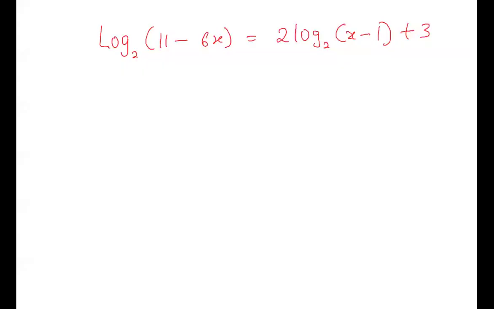Is it 8x squared minus 10x minus 3 equals 0? 8x squared minus 10x minus 3 equals 0.